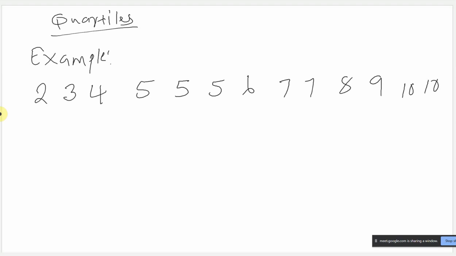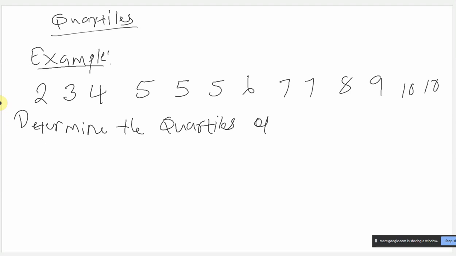And then we need to find the first quartile. Let me just write it. Determine the quartiles of the data.